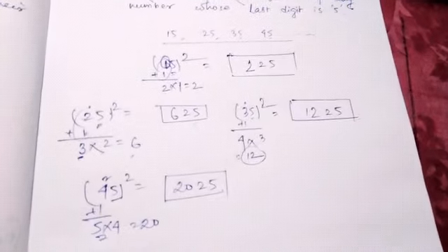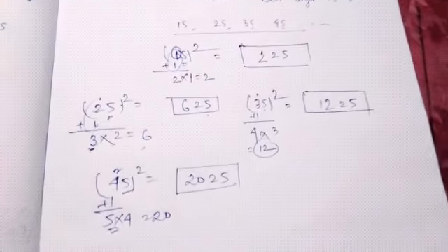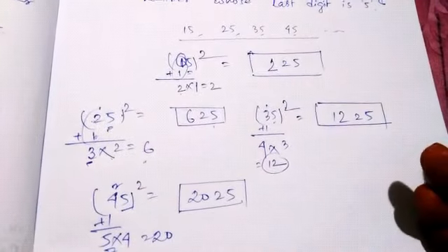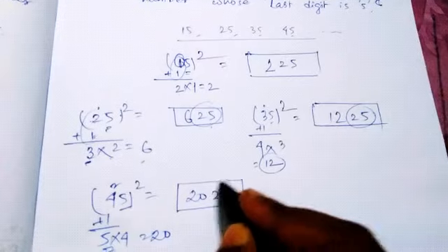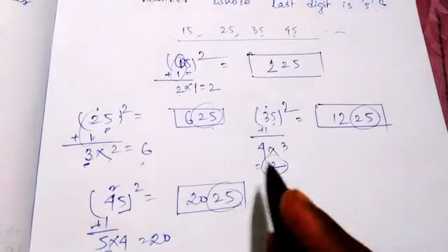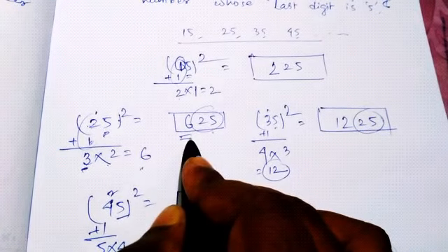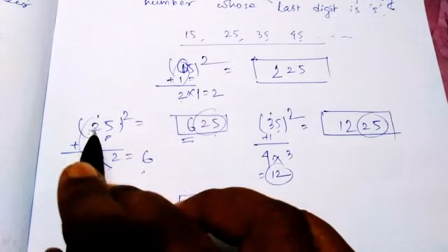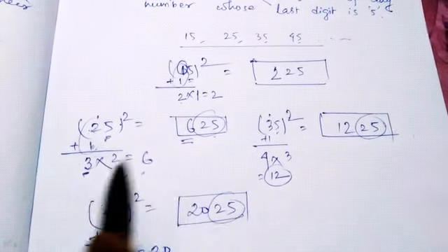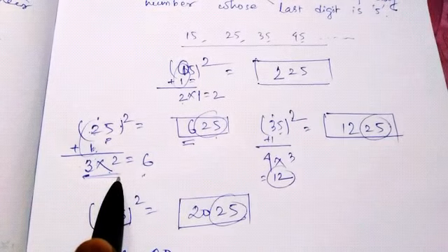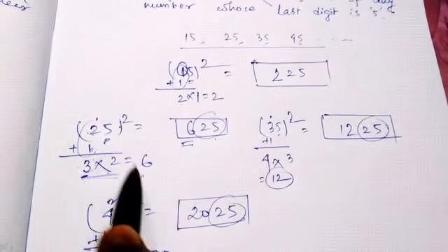So in each and every case, the rule is that the last 2 digits will be 25. And the first part will be the multiplication of the first number by that number plus 1. Here 2 plus 1 is 3, 3 into 2 is 6.